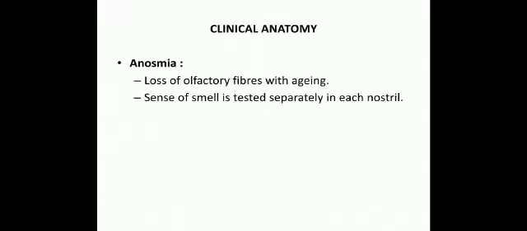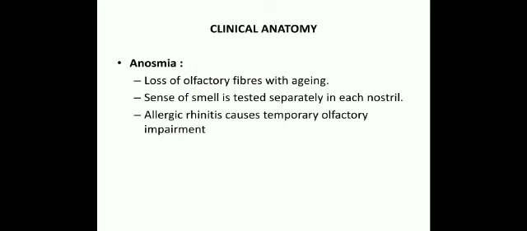The clinical aspect: anosmia, that is loss of olfactory fibers with aging. Here the sense of smell is lost, and the sense of smell is tested separately in each nostril.